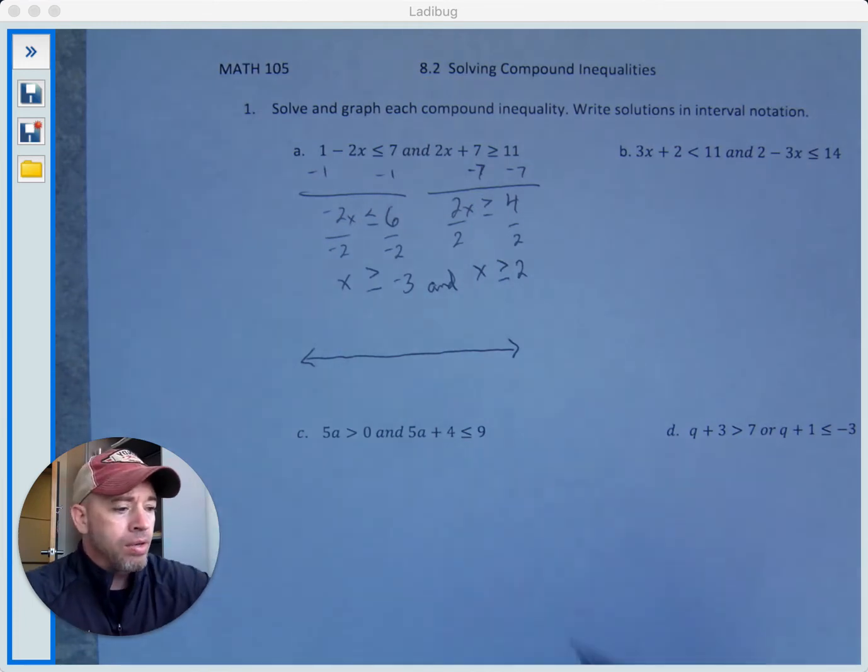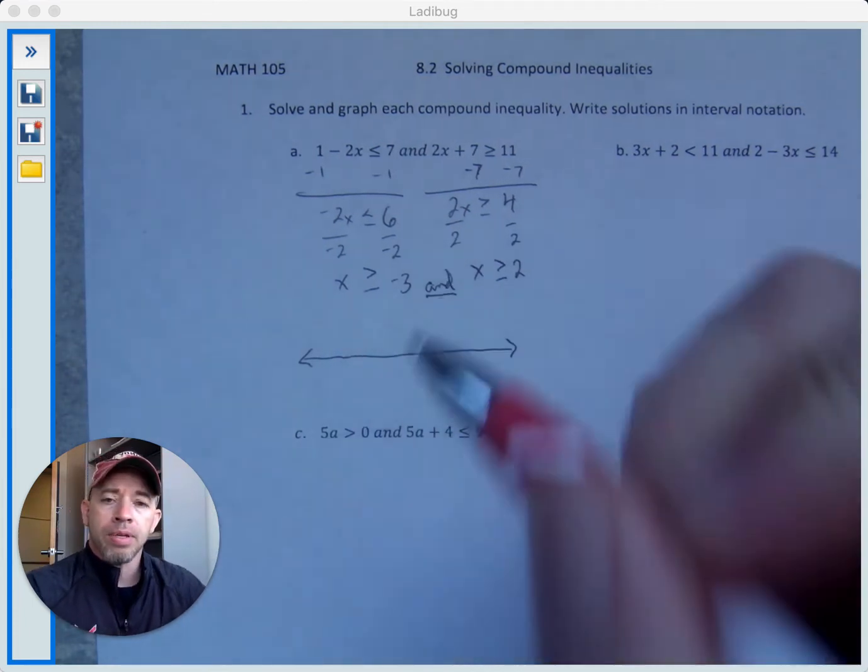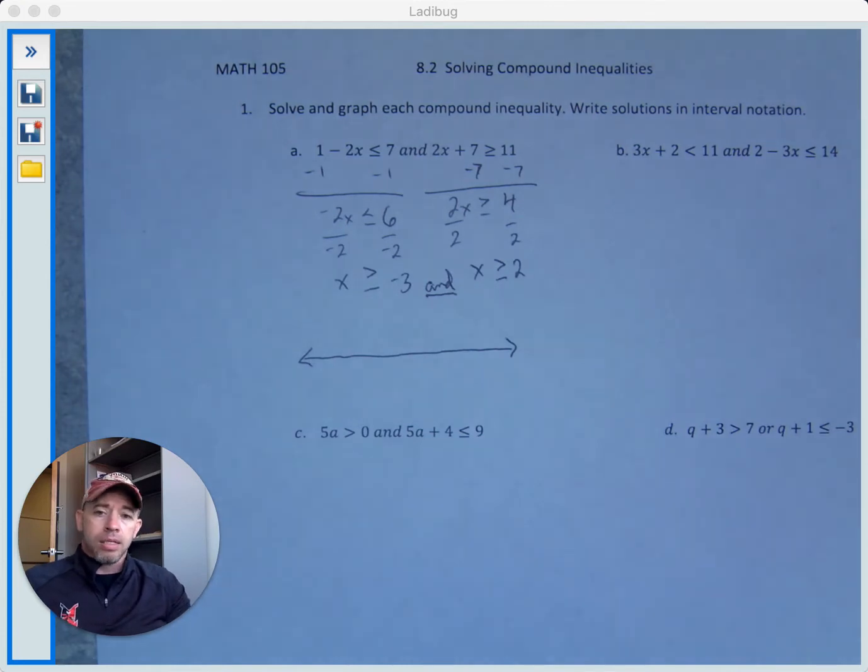And with "and," we're going to see where the overlap is. So "and" means where do they intersect. In fact, a mathematical term often used to replace the word "and" is intersection. So if it does this and this, where does it do both? Where does it intersect?